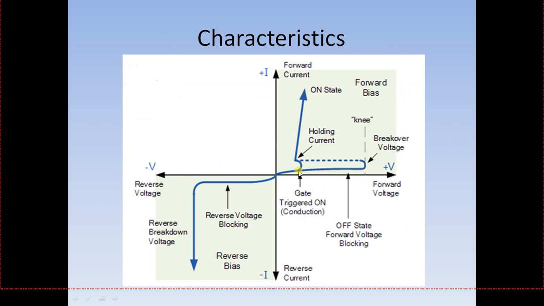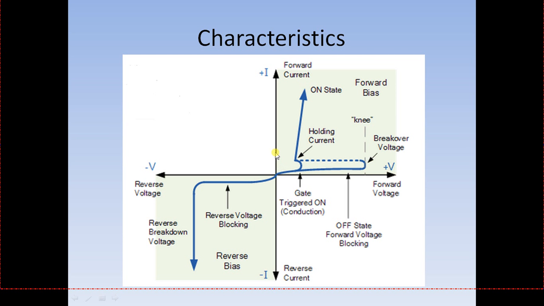This is the point when the gate is triggered on, and as the gate is triggered, the thyristor starts conducting current. Okay, this is a holding current level. There is another level called latching current.